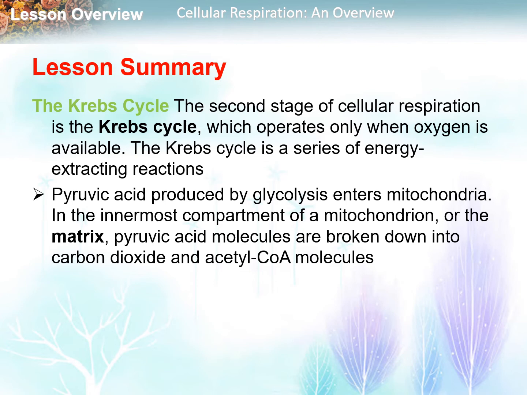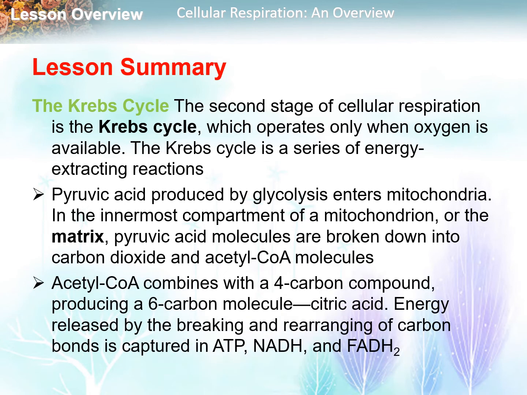In the innermost compartment of a mitochondrion, or the matrix, pyruvic acid molecules are broken down into carbon dioxide and acetyl-CoA molecules. This acetyl-CoA combines with a four-carbon compound, producing a six-carbon molecule, citric acid.